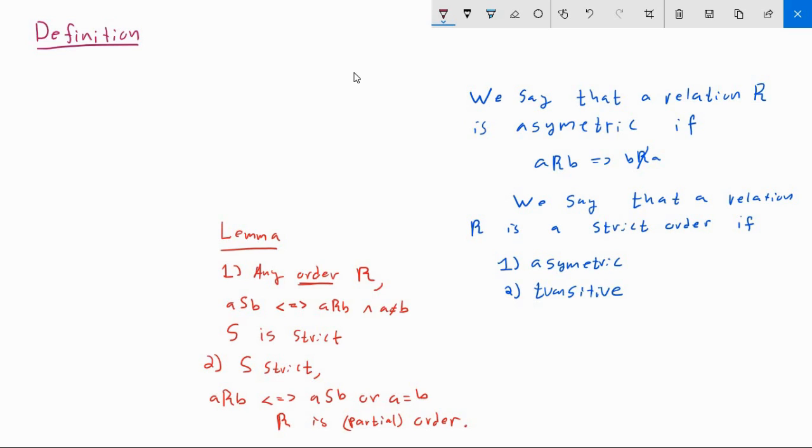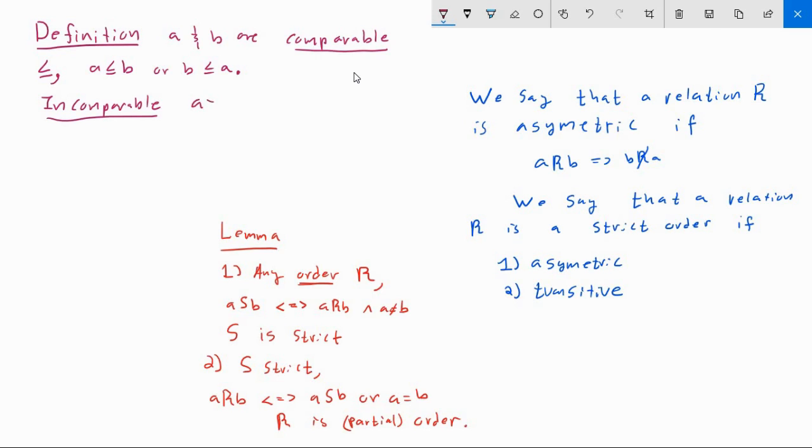We say that two elements, A and B, are comparable with respect to some order if it's the case that either A is less than or equal to B, or B is less than or equal to A. Likewise, we'll say that two elements are incomparable if it's the case that A is not equal to B, A is not less than or equal to B, and B is not less than or equal to A. Keep in mind here, when I'm using less than or equal to, I mean in the sense of the order.